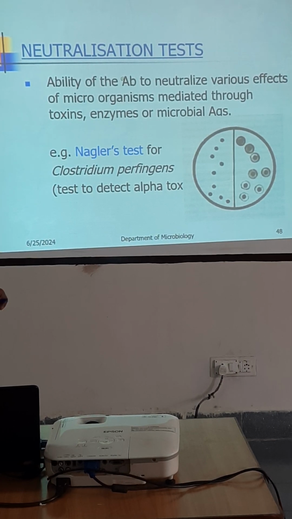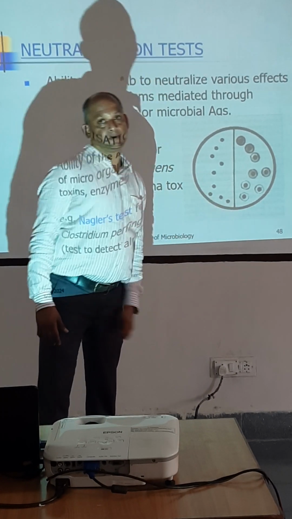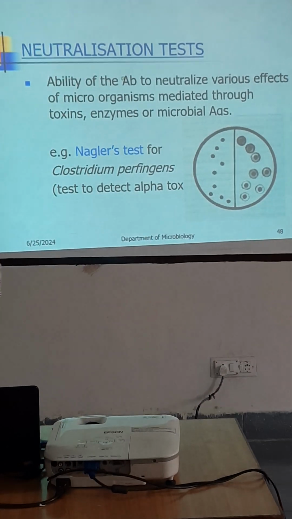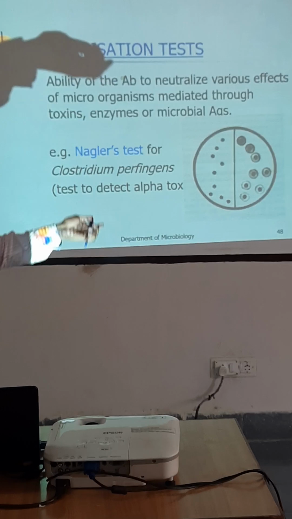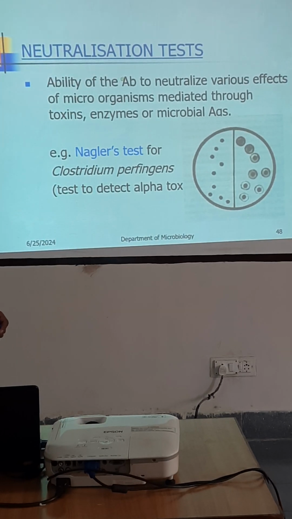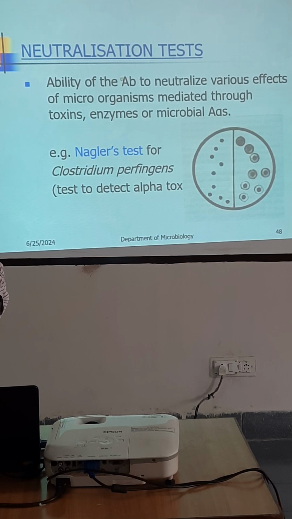After doing this, the half which is added with the antitoxin is not going to show any opacity around the colonies. Okay, this is because of the neutralization of the toxin. The half which is not added with the antitoxin, there you can see the opacity around the colonies.